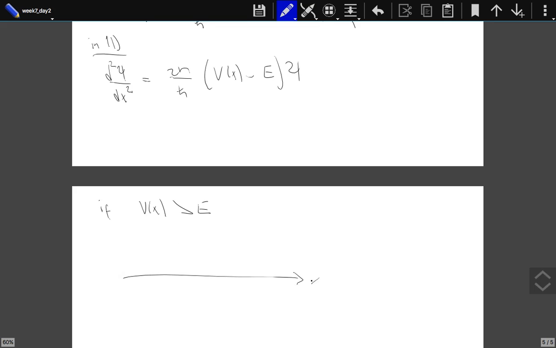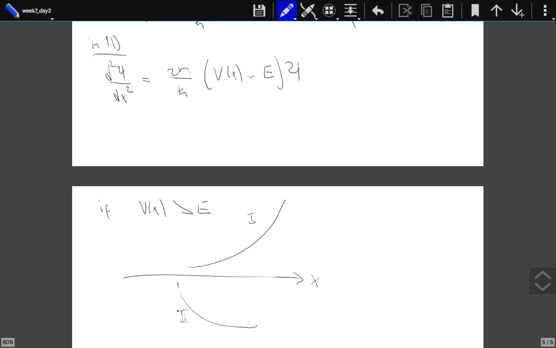So how will it look as a function of x? It can have this behavior, or it can have this behavior. Let's say this is 1, this is 2.